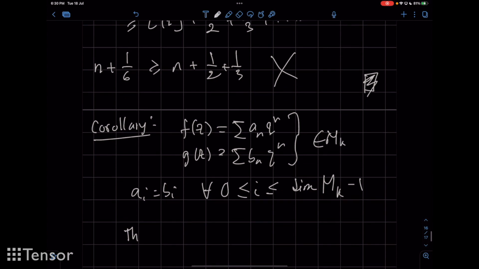Then f equals g. The proof is very simple. We just take f minus g. Then the first d coefficients of the modular form f minus g are 0. And as we proved earlier, if the first d coefficients are 0, then that modular form must be 0. So f minus g is 0. Therefore, f equals g.